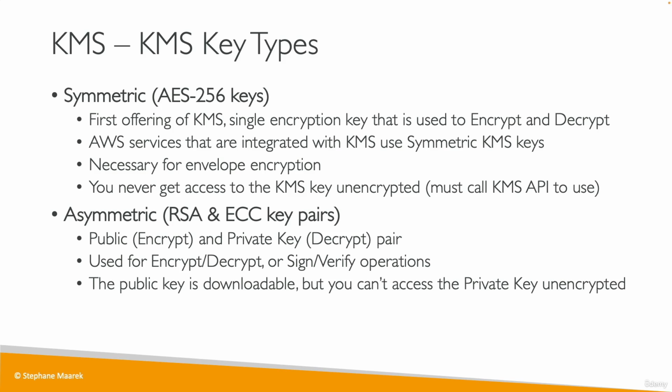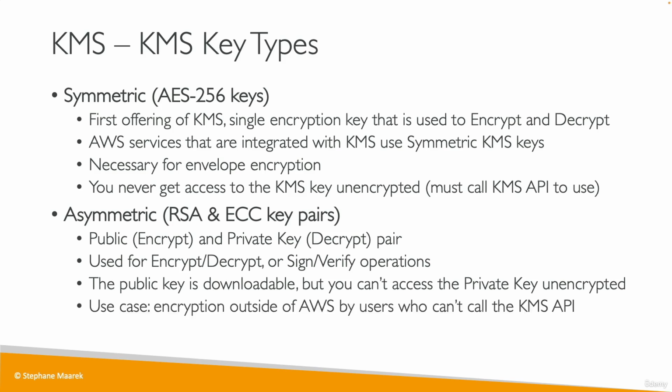But once the data is encrypted with the public key, only the private key has the power to decrypt your information. You still cannot use the private key unencrypted though, you have to use the KMS API calls. So the use case for an asymmetric key is to have encryption outside of AWS by users who cannot directly call the KMS API for whatever reason.